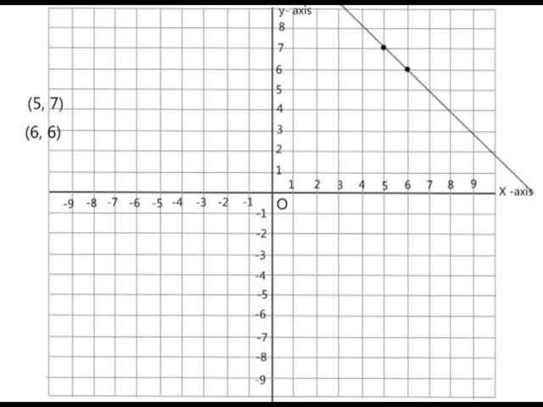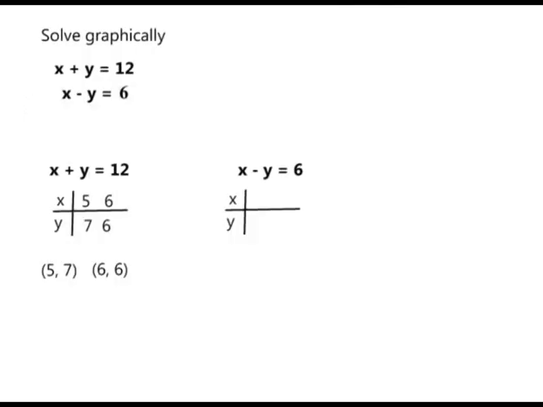This graph is x plus y equals 12. We move to the next one, x minus y equals 6. I'm going to choose two random values of x and then calculate the corresponding values of y. I'm going to choose 6 and 8. So when x is 6, y will be 0. When x is 8, that is 8 minus y equals 6, so y is equal to 2.